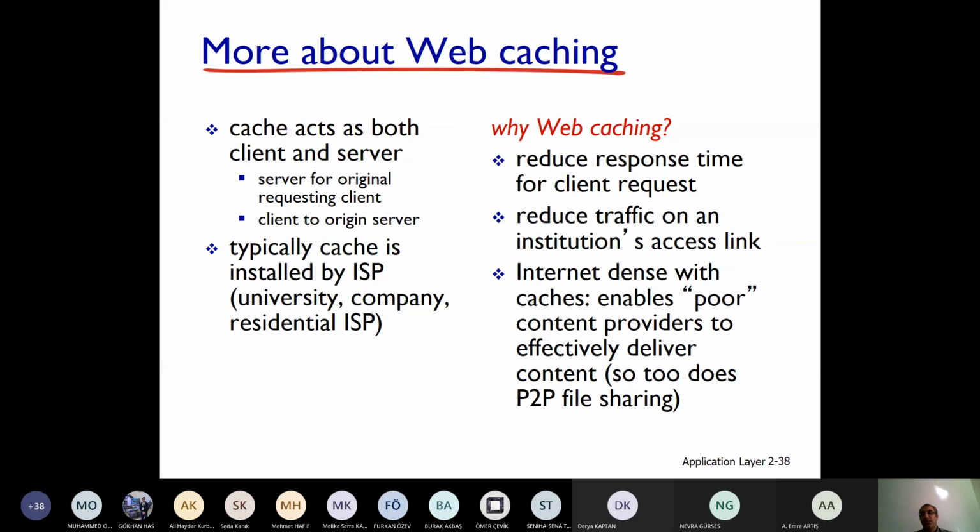We just mentioned why we should use a web cache or web proxy server, because it reduces the response time for client requests, and it reduces the traffic or the load on the institution's access link, the main server. So it effectively provides content to the client in a timely manner.